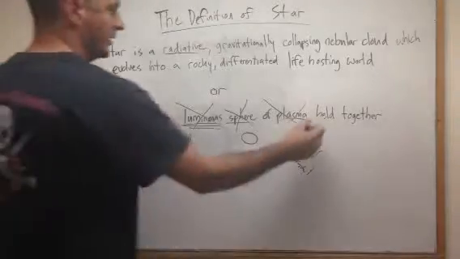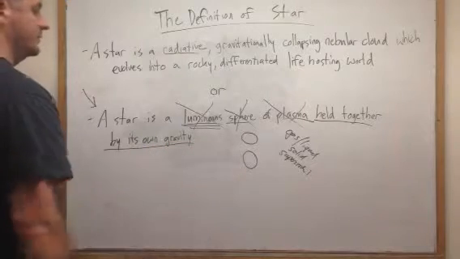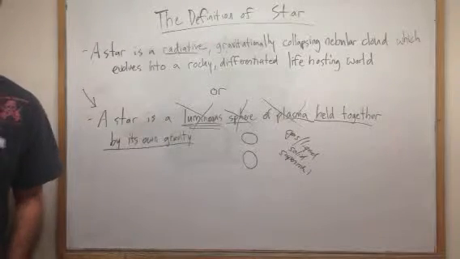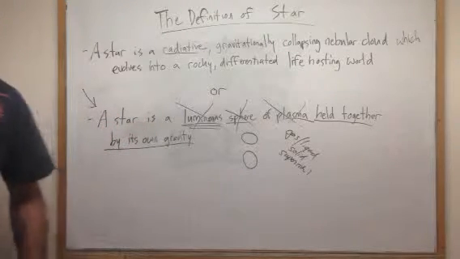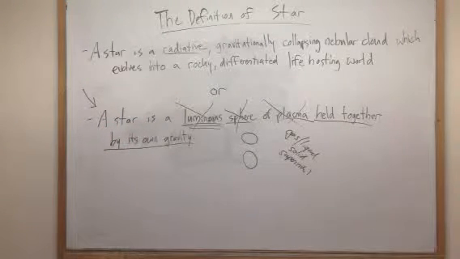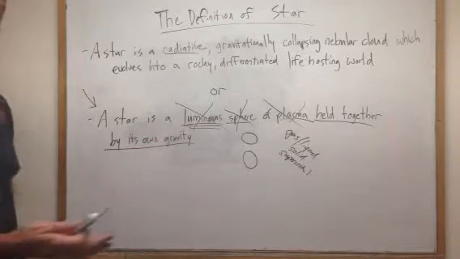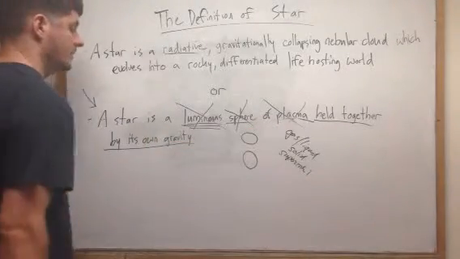And then it says, held together by its own gravity. Placing a force, a singular force, for the entire thing is very poor, because a star actually has gas pressure. A star has electromagnetically forced material when it's comprised of a lot of plasma.